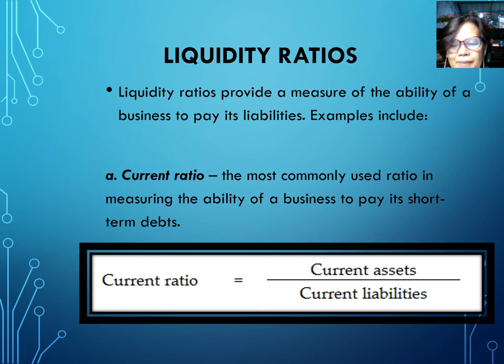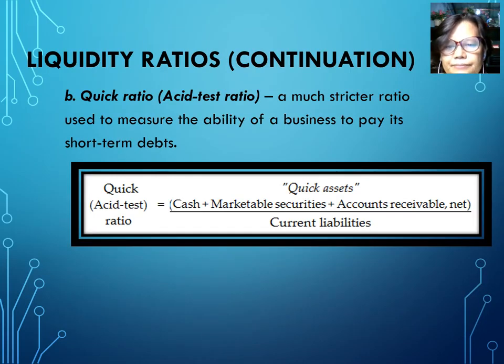Ito yung mga accounts payable, short-term loan. Yung current na kayang bayaran hanggang 12 months or operating cycle. So, remember the formula for the liquidity ratio? Current assets all over current liabilities.